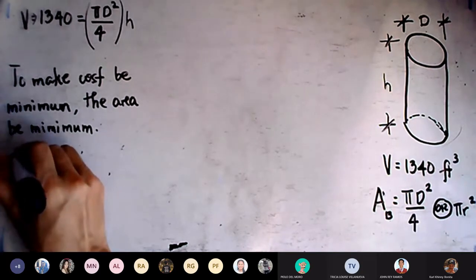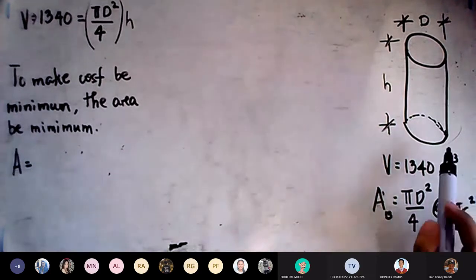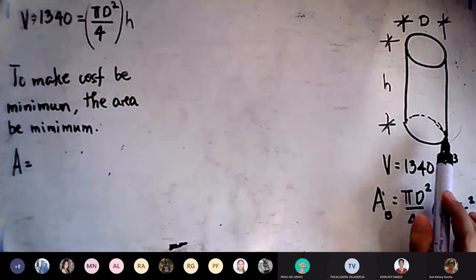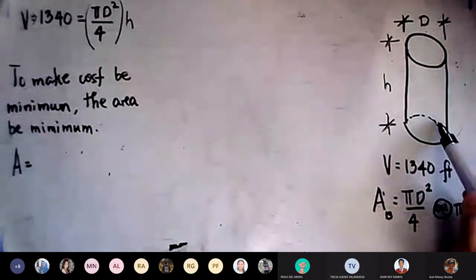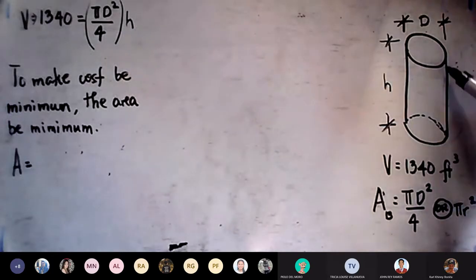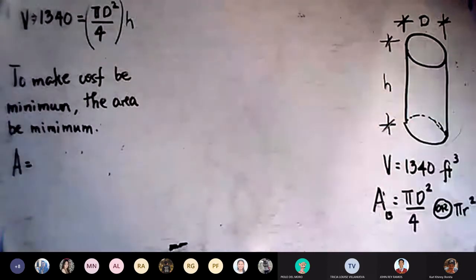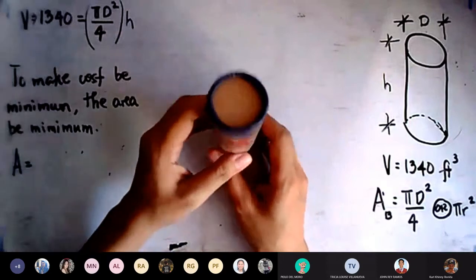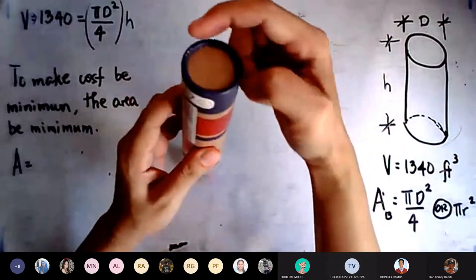So take note that according to the formula for the area, this is a cylindrical object. How do you determine the area? So the area is simply the area of the base plus the area of this side. Let's say, for example, this is the cylindrical container.